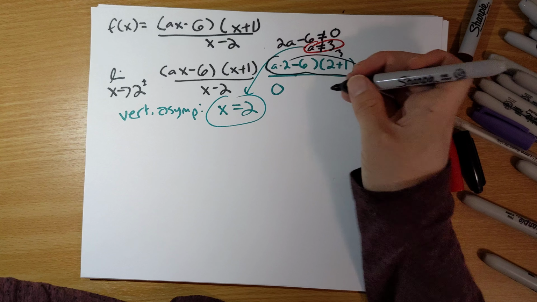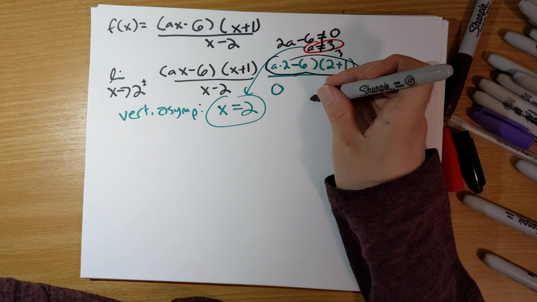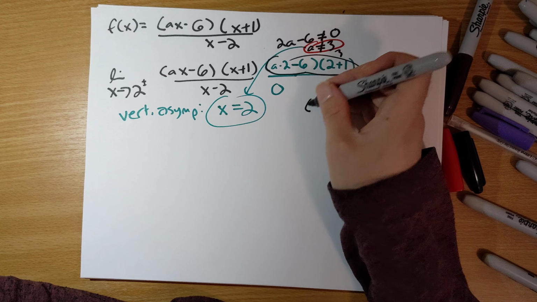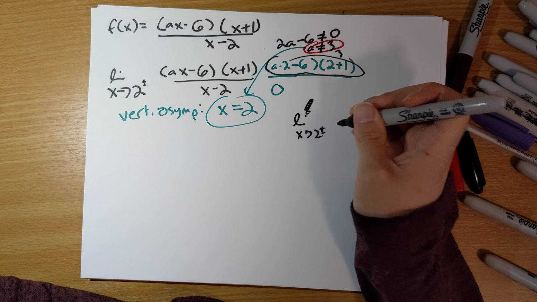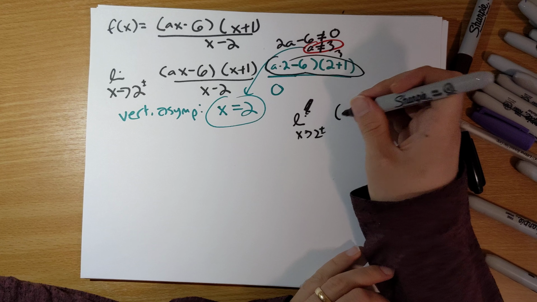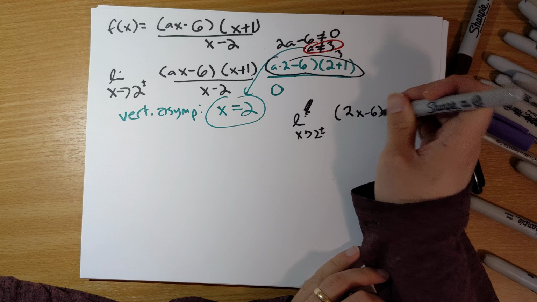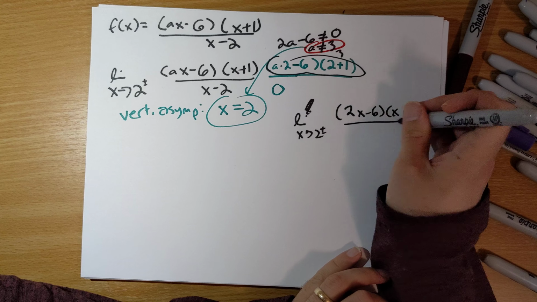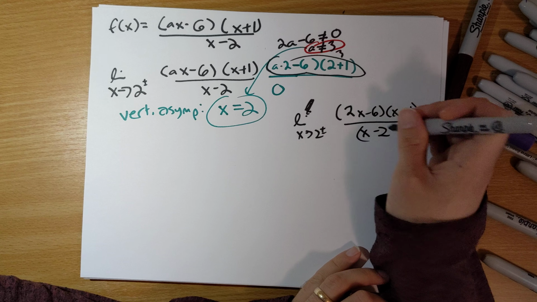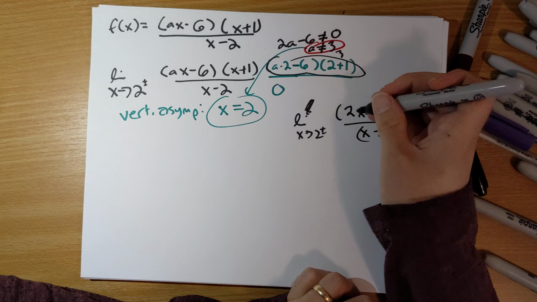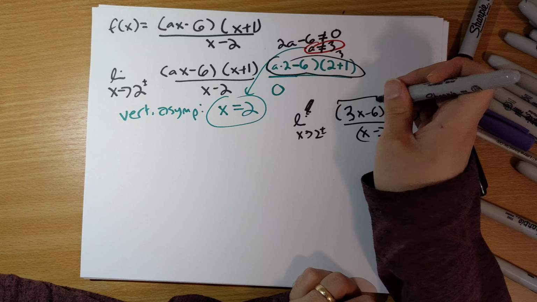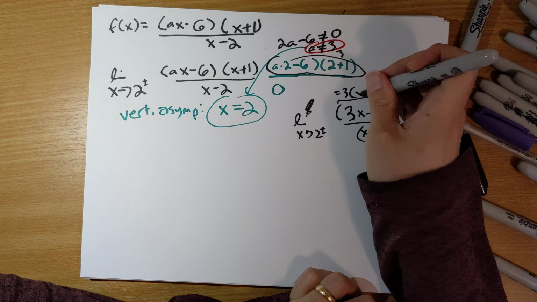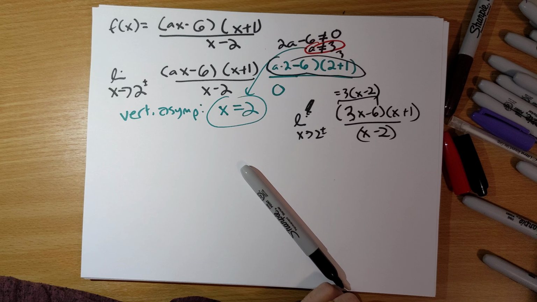If a is equal to 3, then this would be the limit as x goes to 2, from the right or the left, of (3x minus 6) times (x plus 1) over (x minus 2). Sorry, not 2, 3 there, 3x minus 6. But 3x minus 6 is equal to 3 times (x minus 2).